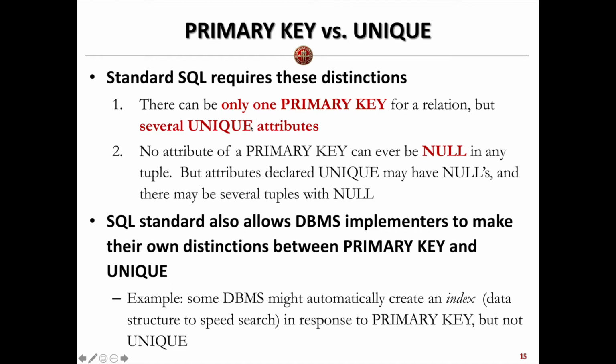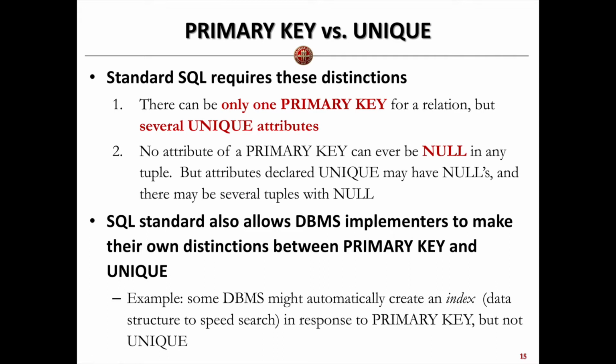Another main difference is that no attribute of a primary key can be null in any tuples or any data records. In other words, given an attribute which is declared as a primary key, for all the data stored in our database systems, we cannot have null as its value inside the data tuples.